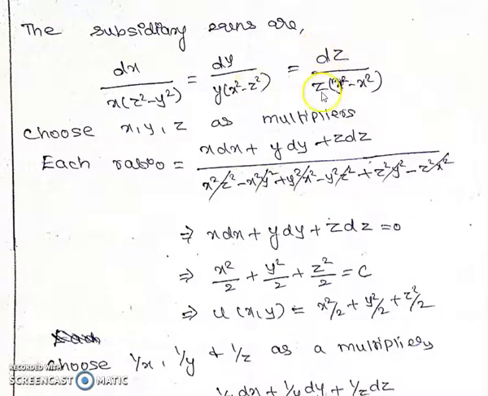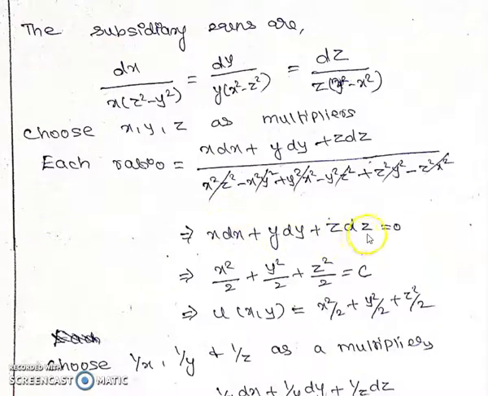So z dz by z square y square minus z square x square. So here x square z square cancel, x square y square cancel, then y square z square cancel. So the denominator is equal to 0. Here we have to equate with some other constant. So we only take the numerator, x dx plus y dy plus z dz equal to 0.